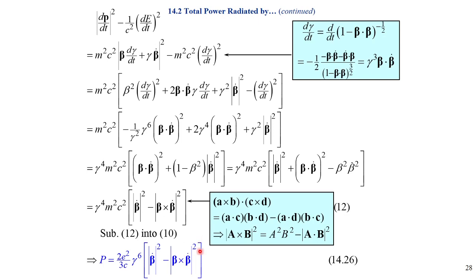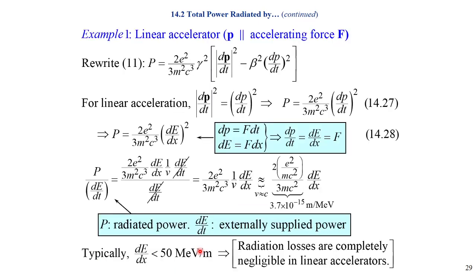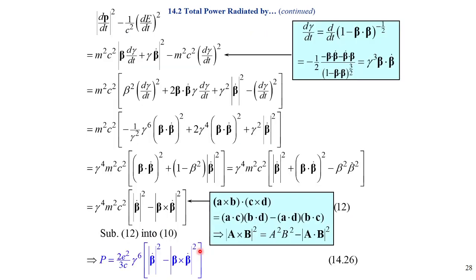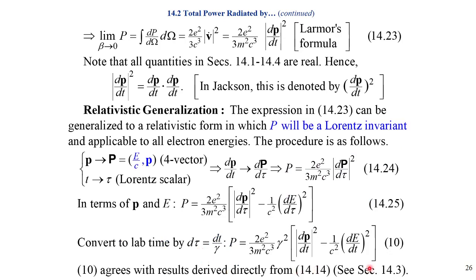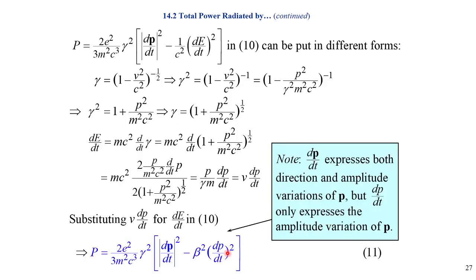Okay, so now we have three expressions. Equation 10 here, in terms of gamma, P, and E. That's not convenient. Equation 11, in terms of gamma, P vector, and P absolute value.